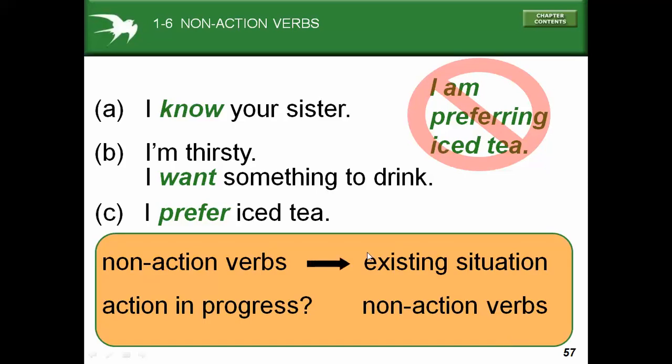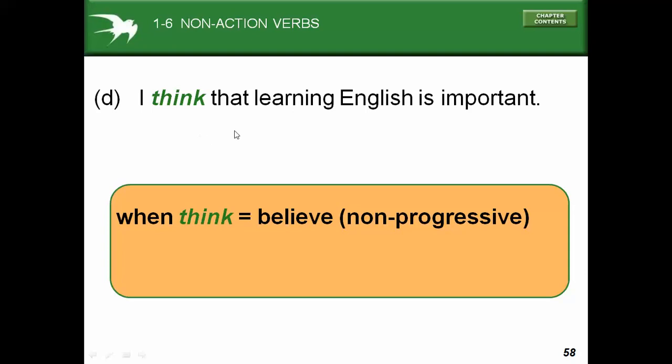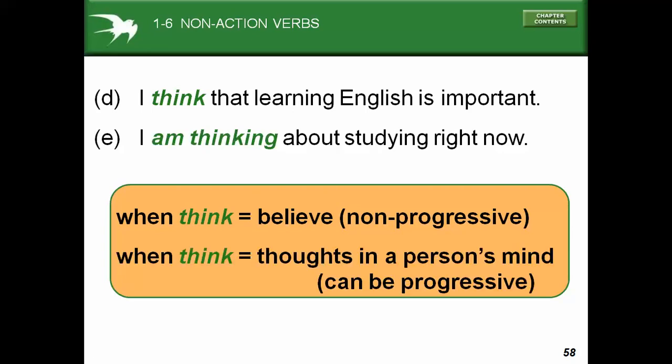So non-action verbs describe an existing situation, not action and progress. I think that, I don't say I'm thinking. I think that learning English is important. Think means believe, non-progressive. I'm thinking about studying right now.